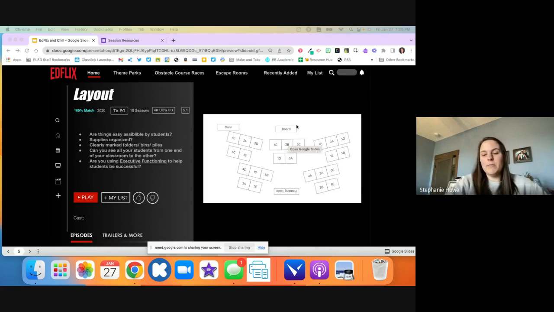What I love about this strategy is you can see these different numbers here: 1, 2, 3, 4, 5. What that can help you with is you could assign each of your students a number or a letter to help with your seating arrangement.